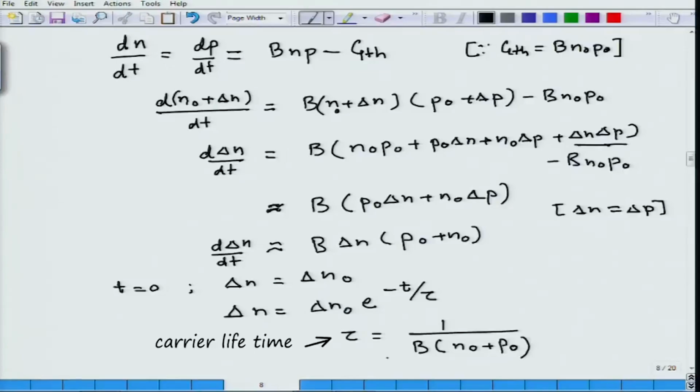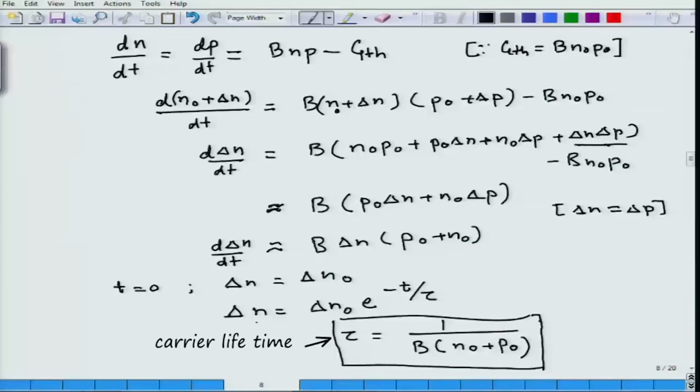So, this entity is known as the carrier lifetime, and it is very important in devices. It defines the rate of recombination, in this case for any one particular process. If we have more than one recombination process, we will just add 1 over tau for the first, second and third process. So this is the equation for the change in the excess carrier concentration.